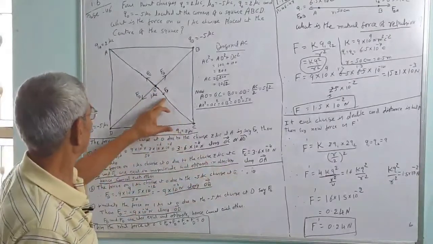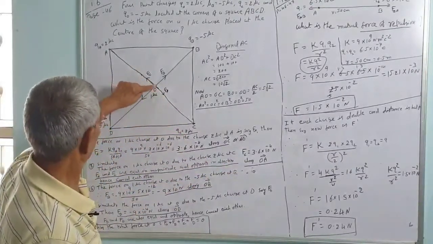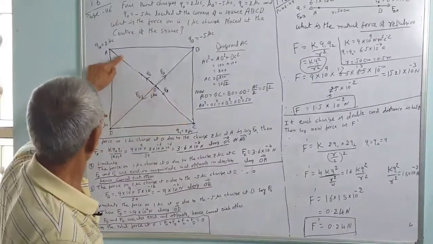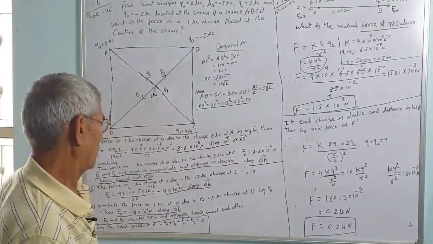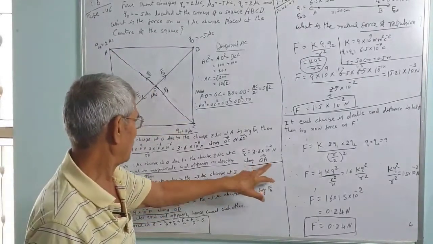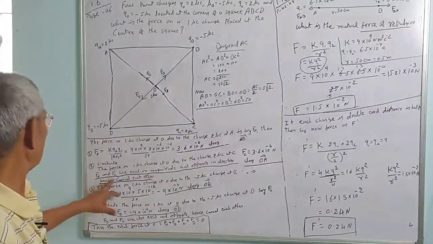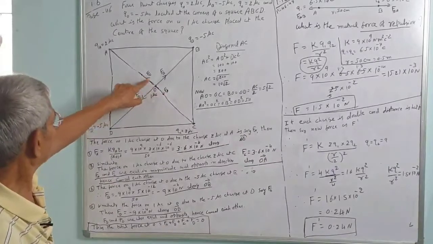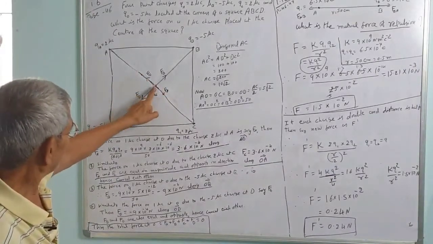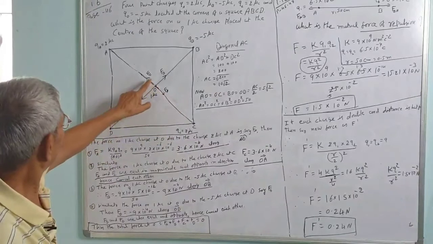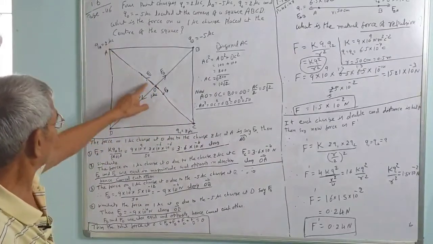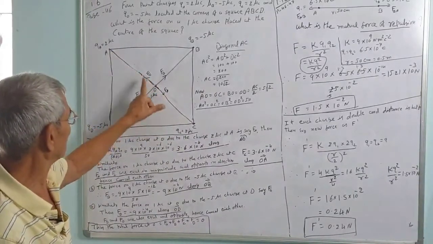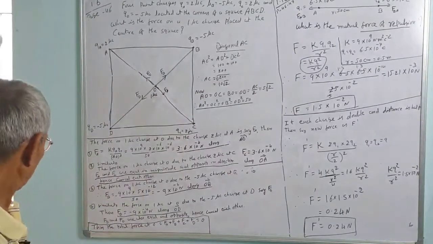So the force is the same, but it is along OA. FA is along OC and FC is along OA. Both are equal in magnitude and opposite in direction, so they cancel. So the net force is 0.